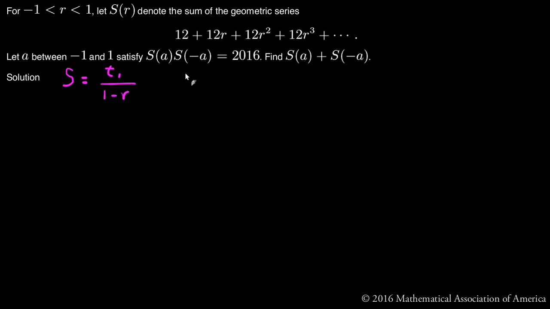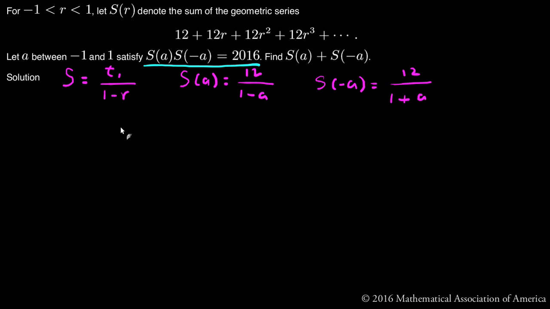And so for this, we know that S of A will equal 12, the first term, divided by 1 minus A, and S of negative A will equal 12 divided by 1 minus negative A, which will be plus A. And that makes this become the equation 12 over 1 minus A times 12 over 1 plus A equals 2016.